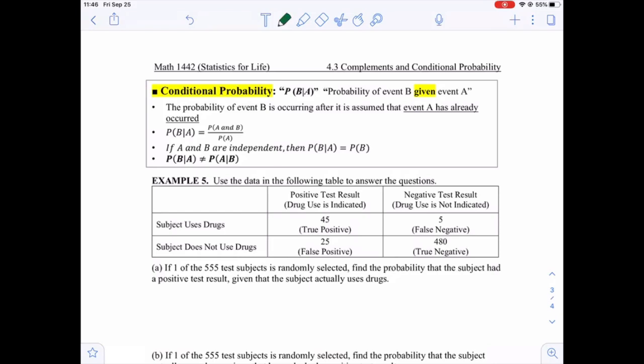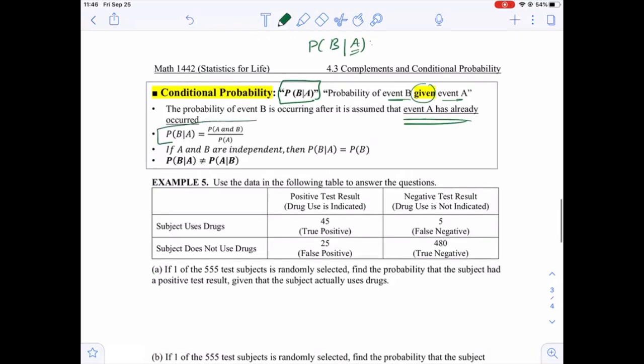For conditional probability, we have a condition applied. When we have the probability of an event B given that event A has already occurred, we write this as probability of B given A. Now, what is the rule that we use?